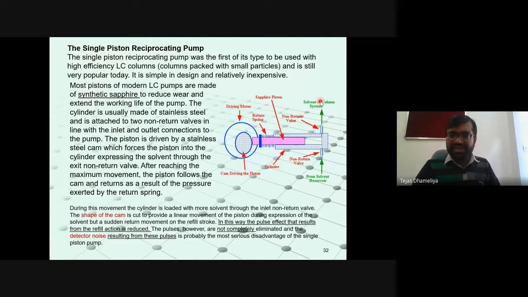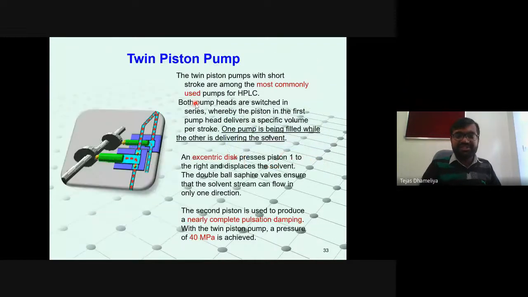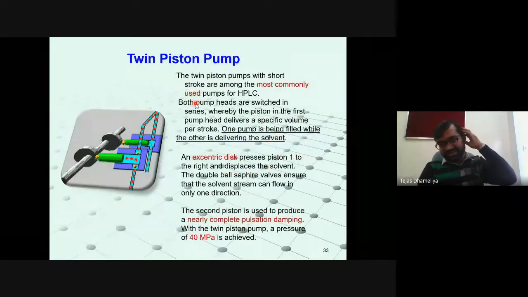And here also there are non-return valves, a particular cylinder, and a sapphire piston. Okay, so the single piston reciprocating pump is over there, and that is very much essential for this.